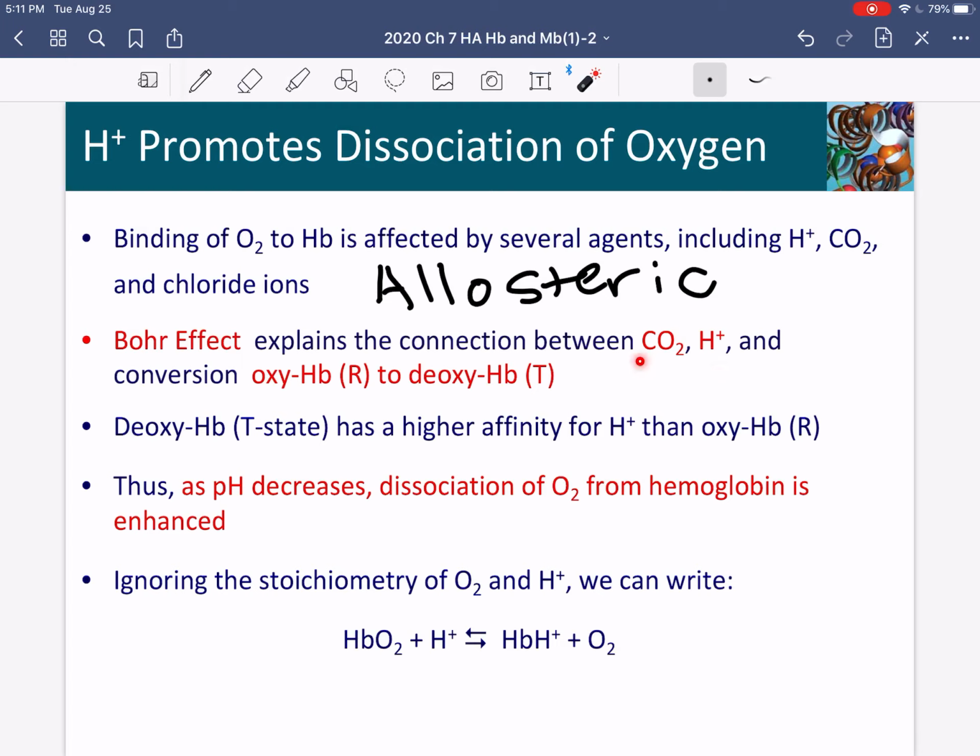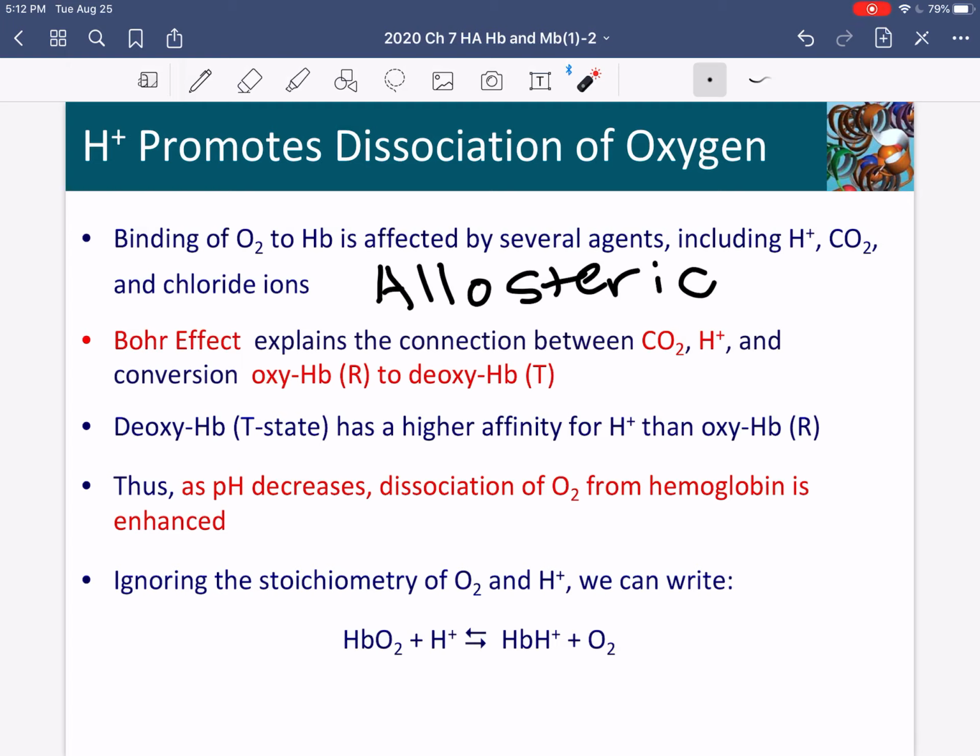And the protons and carbon dioxide help to convert oxyhemoglobin to deoxyhemoglobin, and that binding of protons to oxyhemoglobin causes a conformational change that makes it harder for the hemoglobin to bind to oxygen.